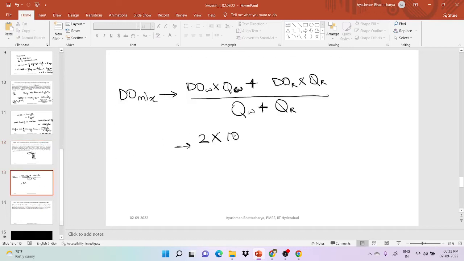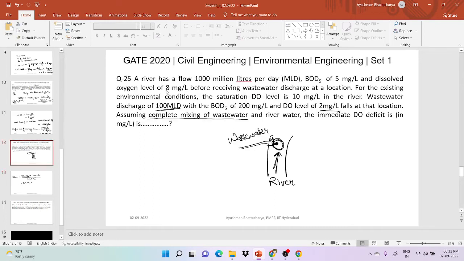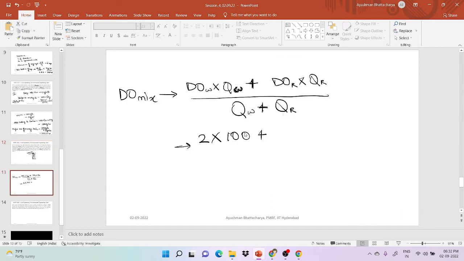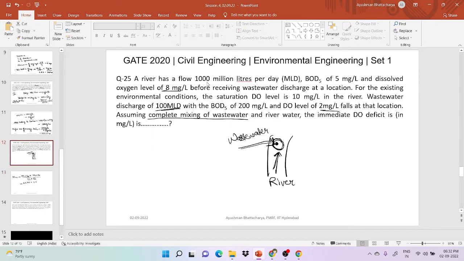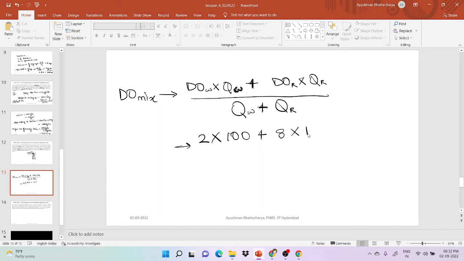2 into 100, plus DO of the river. The dissolved oxygen level before receiving the wastewater discharge is 8 milligram per liter. Flow rate of the river is 1000 mld, so 8 into 1000, divided by 100 flow rate of the wastewater plus 1000 of the river.